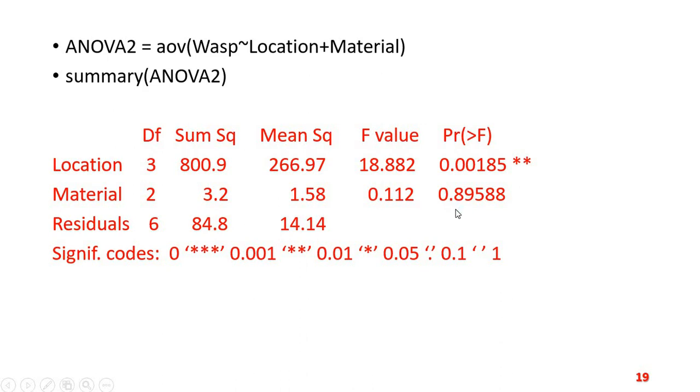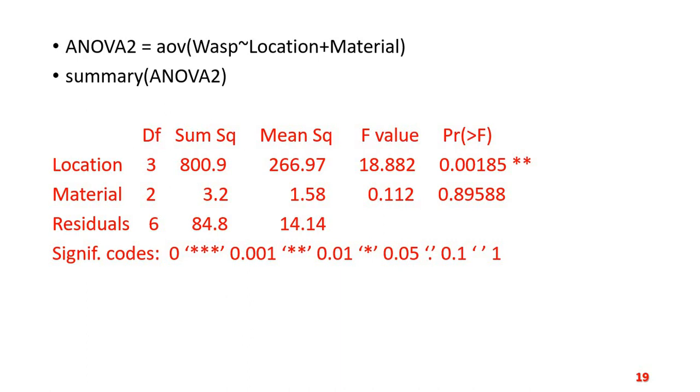Rather, it is more than 0.05. It indicates that the null hypothesis related to material is accepted. That means whatever material you use, the average number of wasps caught by the trap will not vary significantly. Rather, they are insignificantly different. But the difference is significant in terms of location. That means location matters, material does not.